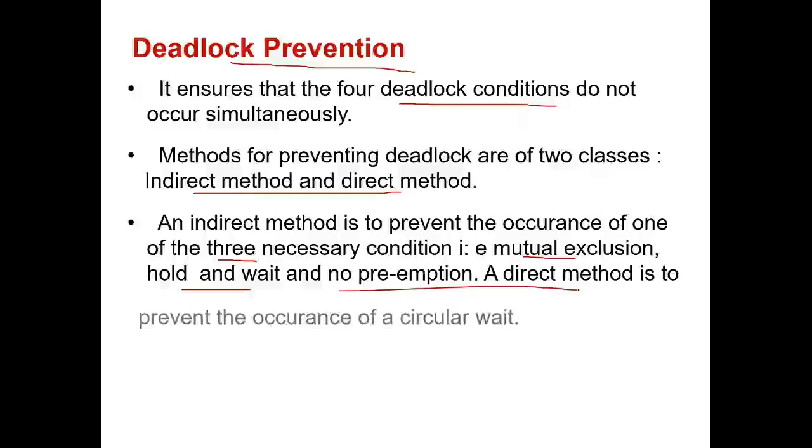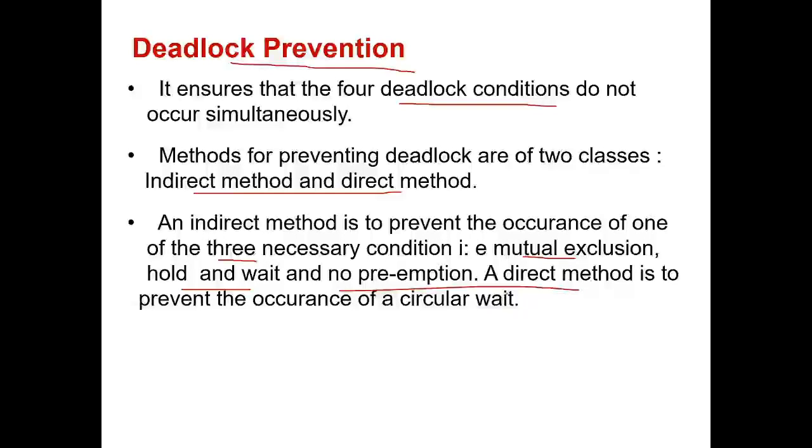And the direct method is to prevent the occurrence of circular wait. With the indirect method, you avoid 3 conditions at a time, and then you can prevent the deadlock. Or directly we avoid circular wait. Circular wait directly pushes the system into deadlock, because one process is waiting for another process, and one resource is waiting for another resource.